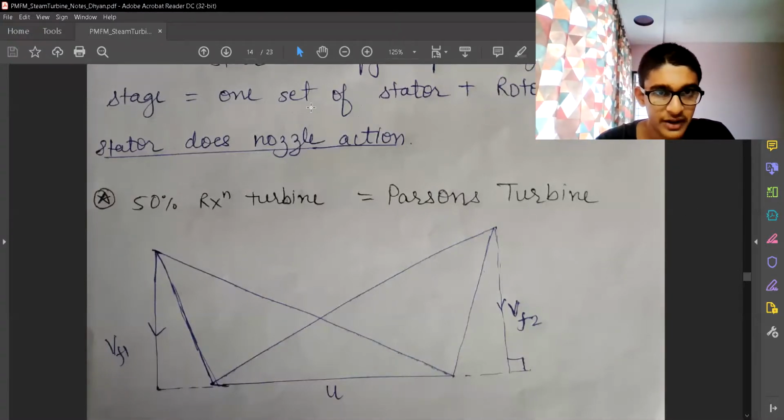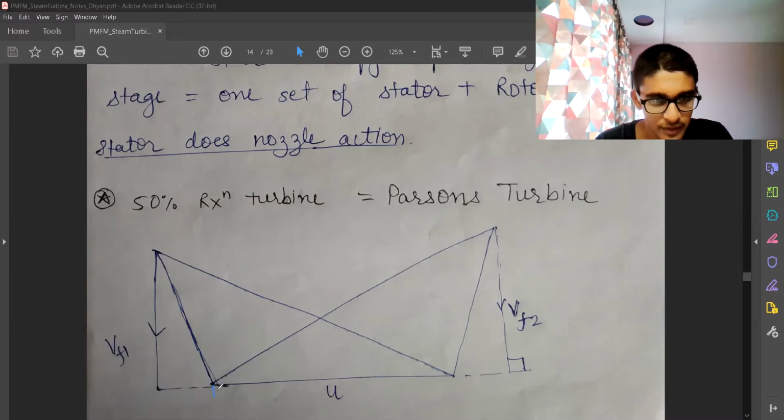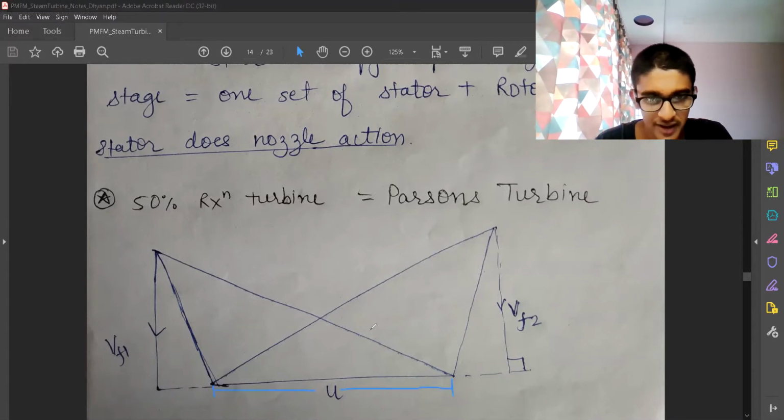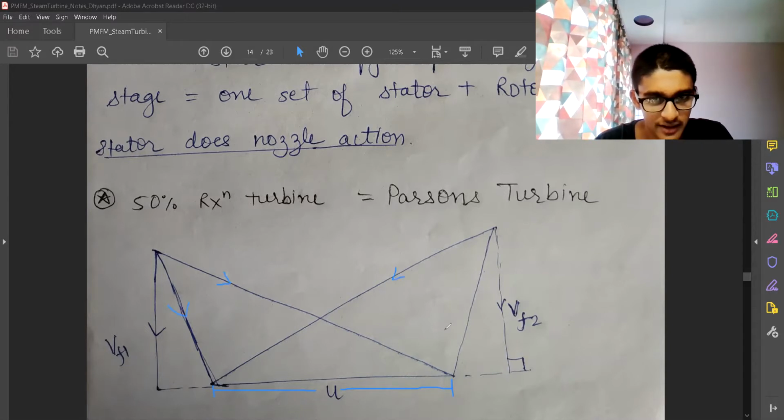So let's come to the velocity triangle directly. So velocity triangles are almost same. We have U as we had earlier. We will have the two velocities, the inlet side and the exit side. So this will be VR1, relative velocity. This will be V1. This will be VR2. This will be V2.